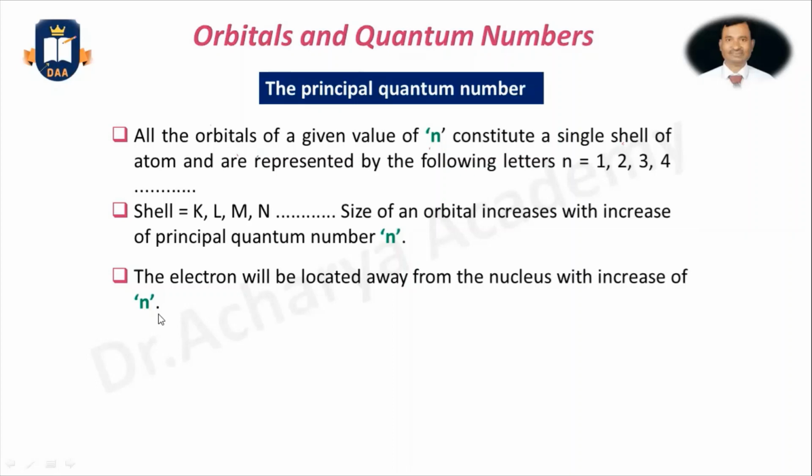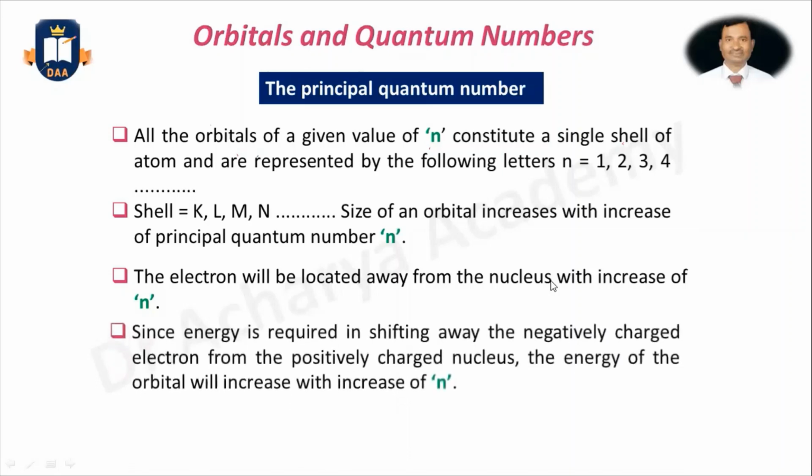What does the increase of the principal quantum number n mean? With the increase of the n value, the electron will be located away from the nucleus. The electron is negatively charged, and if you want to move it away from the nucleus, which is positively charged, it needs energy.